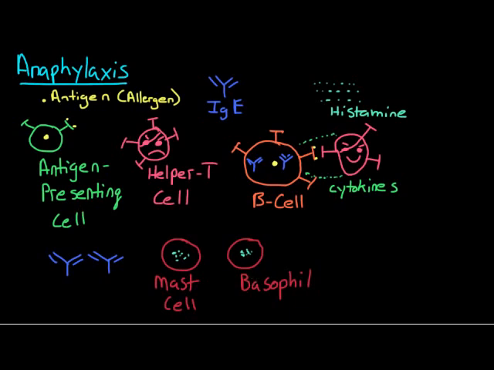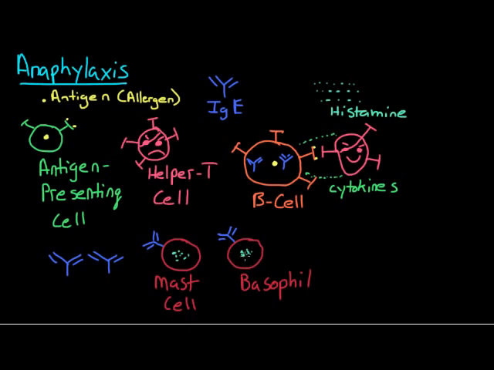So what's going to happen is these IgE antibodies are going to affix to the surface so that now, if the body encounters this allergen, it is going to produce more antibodies, but it can also cause an immediate response, which is it's going to cause these mast cells and basophils to do what's called degranulation.